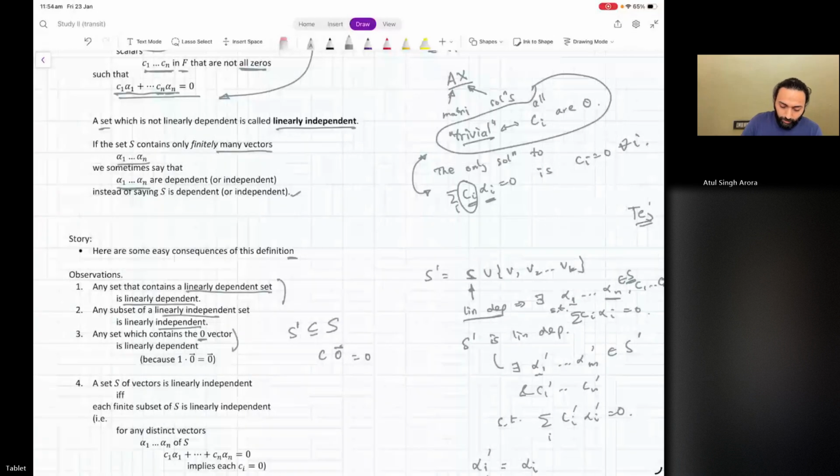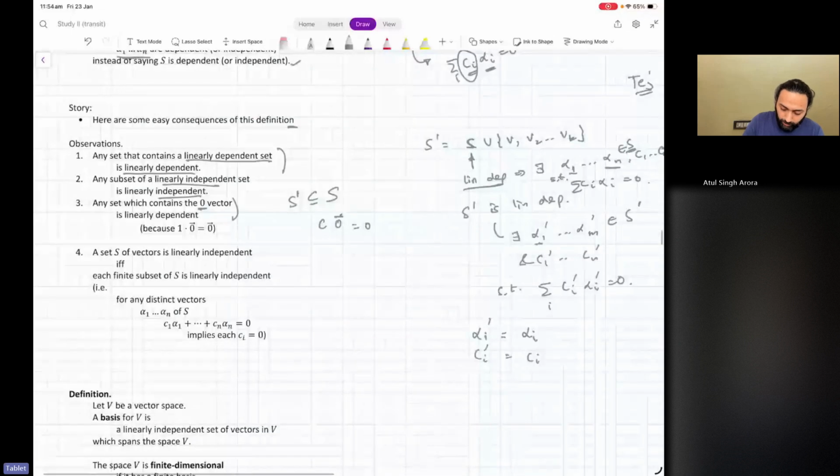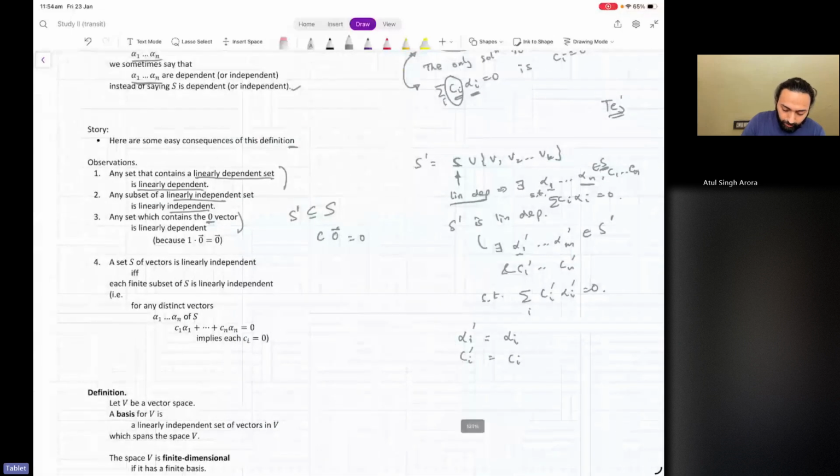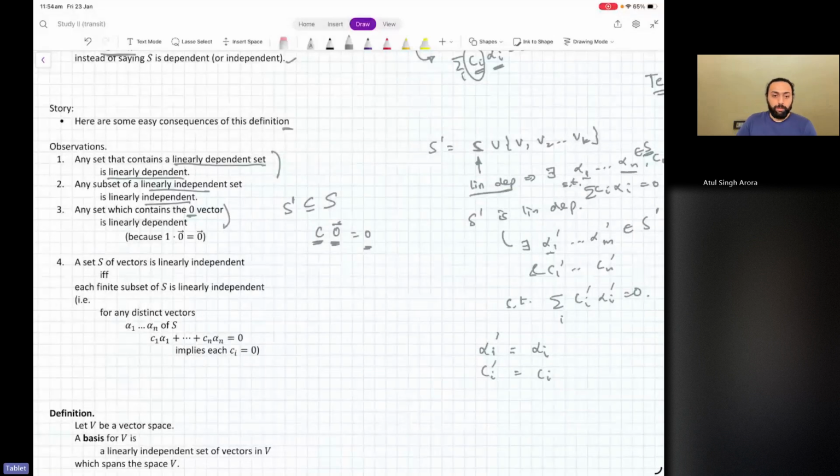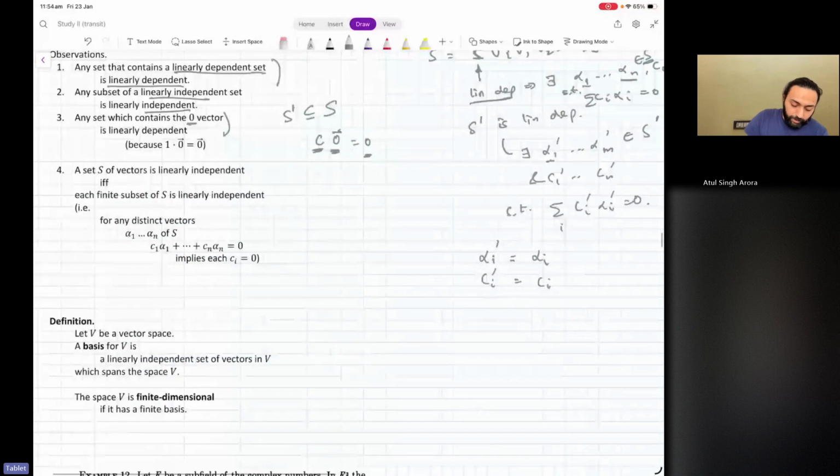So that tells you that you have satisfied the definition of being linearly dependent, because you found a non-zero C and a vector in the set such that you get 0, correct? Perfect. All right.